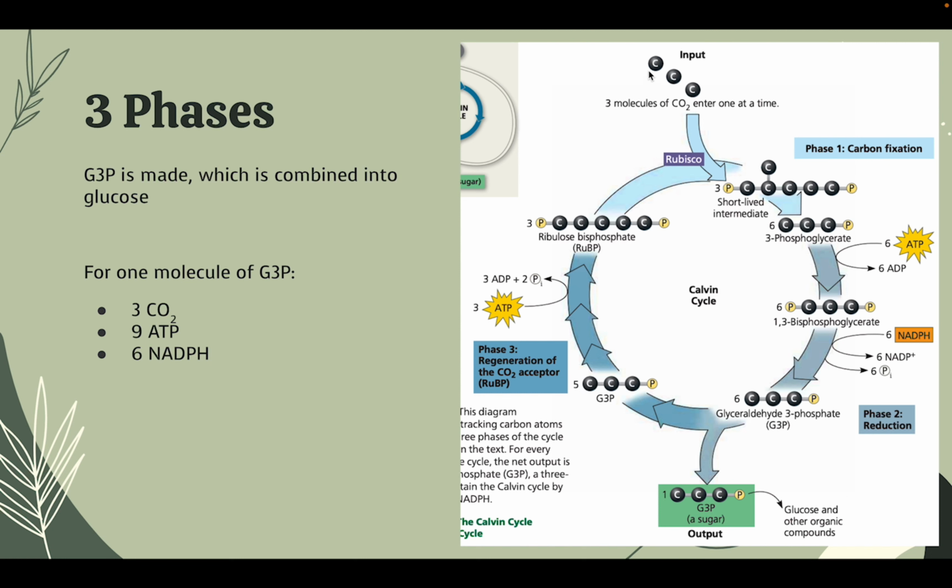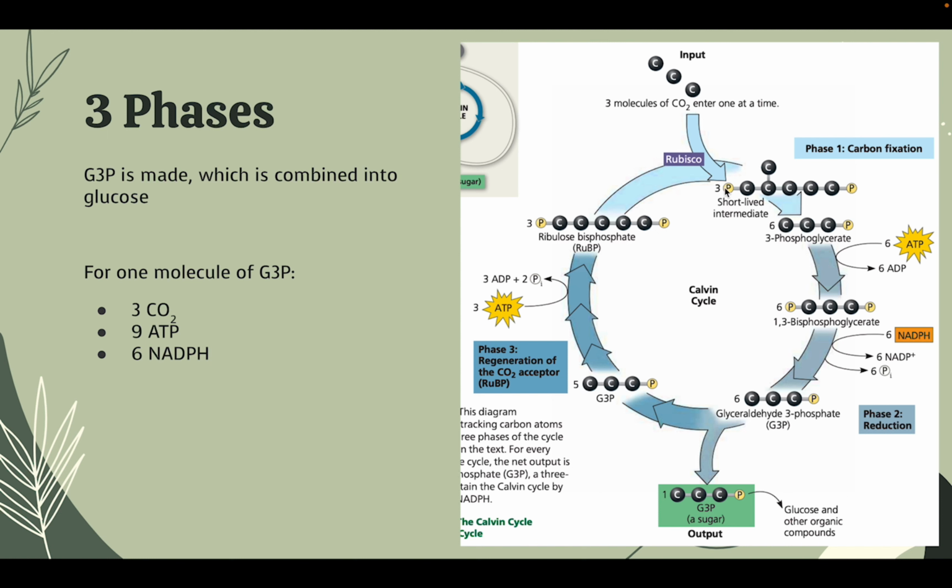When we're looking at this cycle, we're going to be looking at what happens to 3 molecules of CO2 that are entering at the same time. The first thing that happens in carbon fixation is that each of these CO2 molecules, which contain 1 carbon, is added to a sugar called RuBP with 5 carbons by an enzyme named Rubisco, which is believed to be the most plentiful protein in the world.